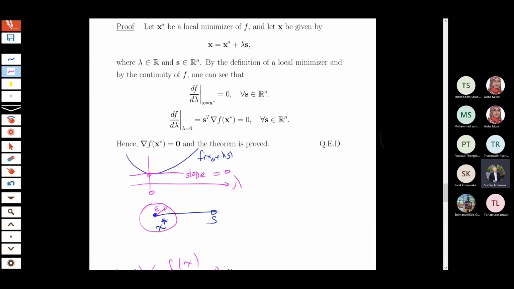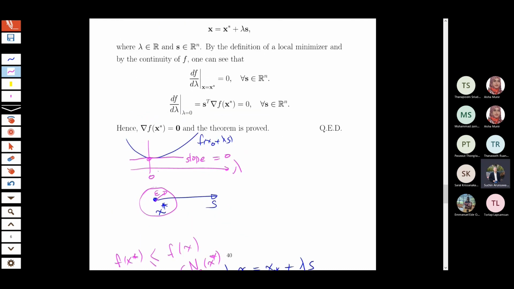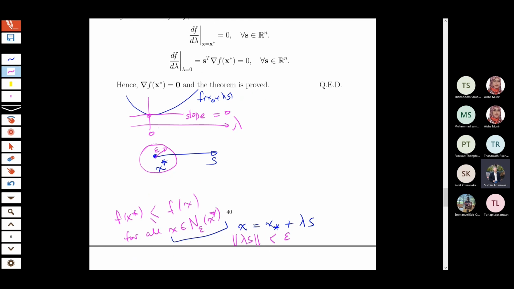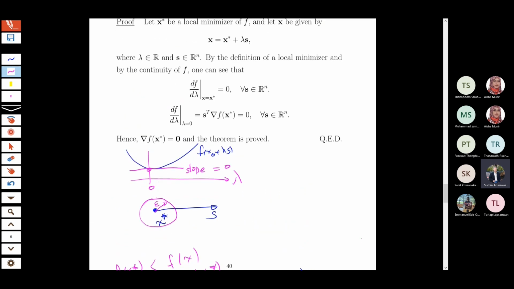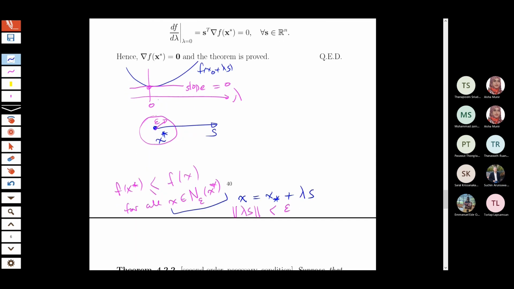Then that means from this, you can see what is the slope. You can see that the derivative of f(x naught plus lambda s) with respect to lambda at lambda is 0, this gradient must be 0, right?